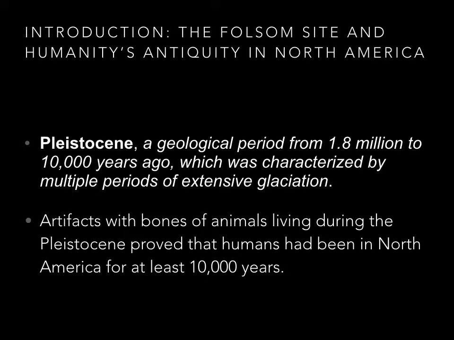The Pleistocene is this period in time from 1.8 million years ago to about 10,000 years ago. We sometimes call the Pleistocene the Ice Age. The Ice Age is not a scientific term, and it's in some ways inaccurate because temperature during the Pleistocene is not always cold.